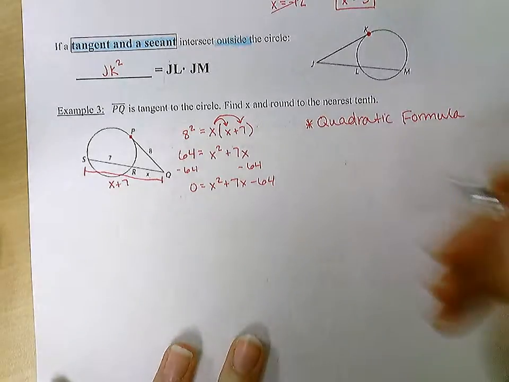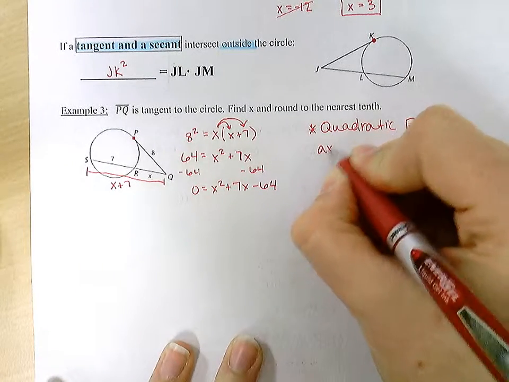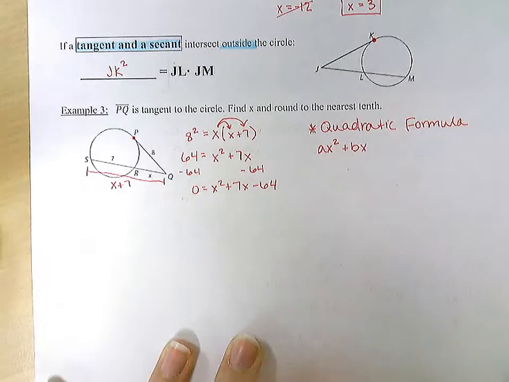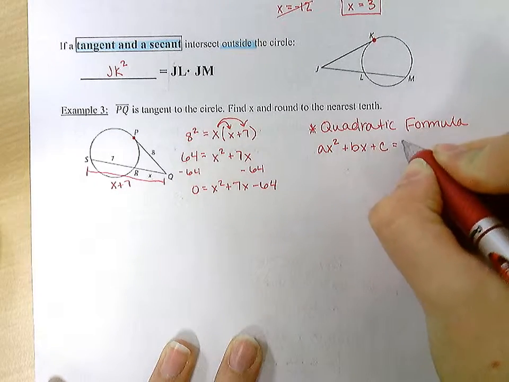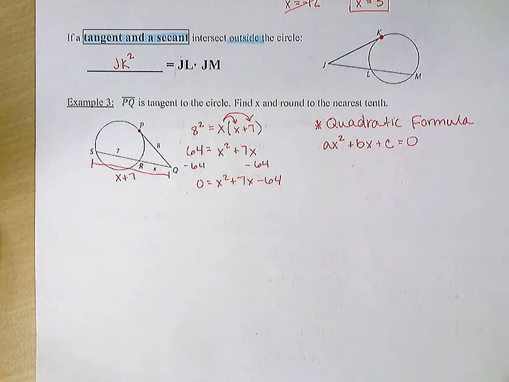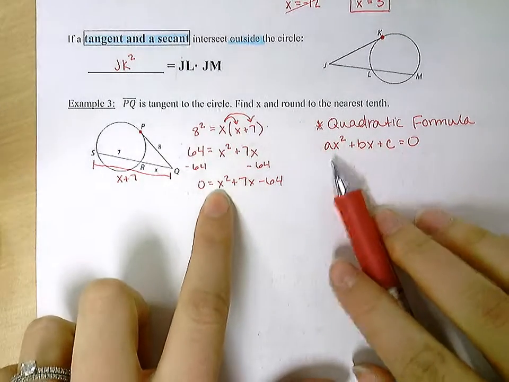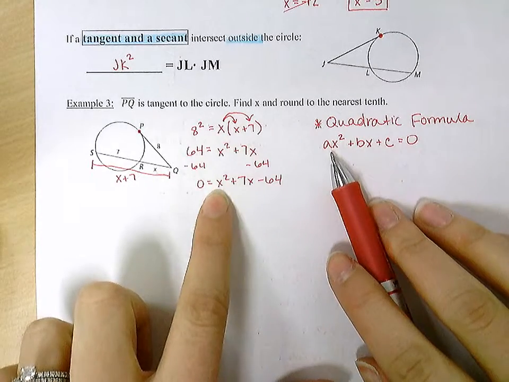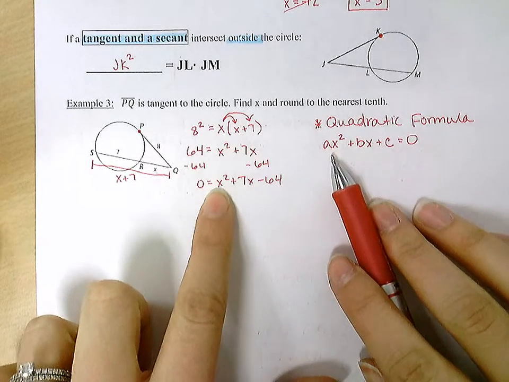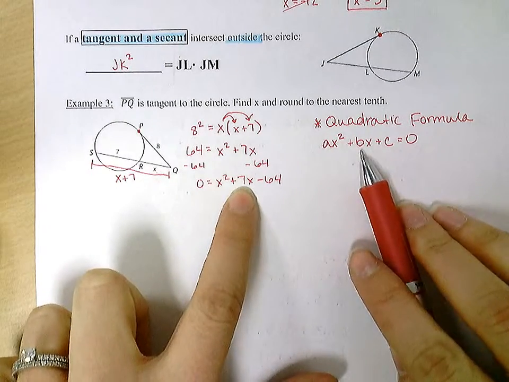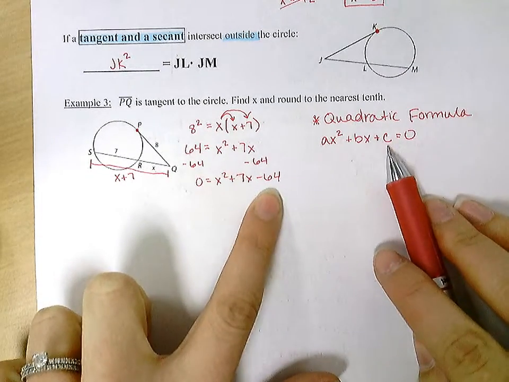That form is considered a times x squared plus bx plus c is equal to 0. So this a value in ours is just going to be 1 because there's not a number out there. B will be 7 and c is negative 64.